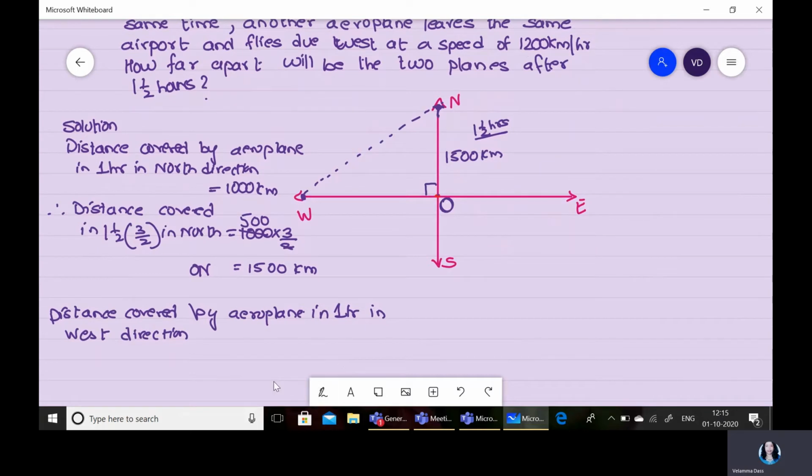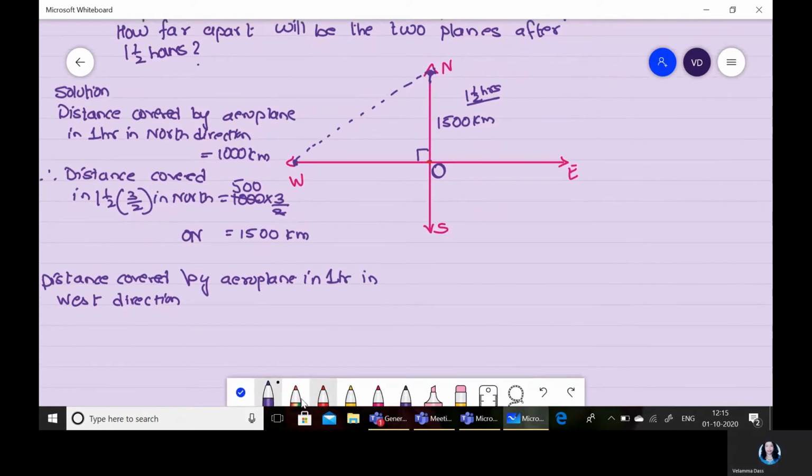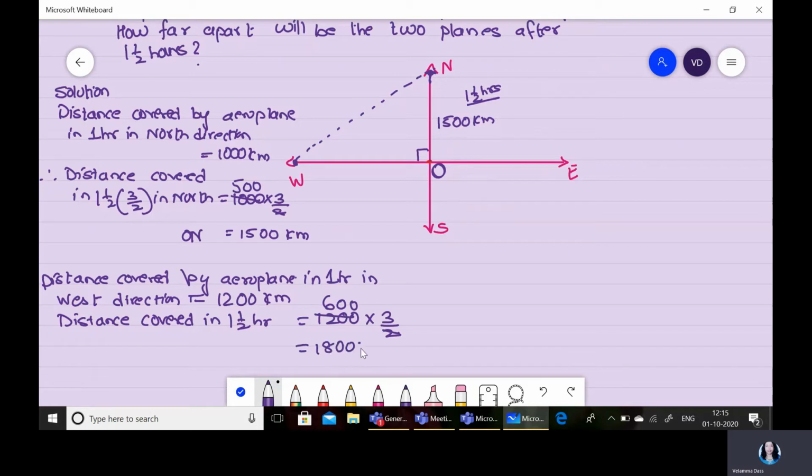So here we can write it equals 1200 km. Can we find out the distance covered in 1.5 hours? Therefore, distance covered in 1.5 hours equals 1200 into 3/2. Here 2 6s are 12, and the zeros. So here it is 1800 km.